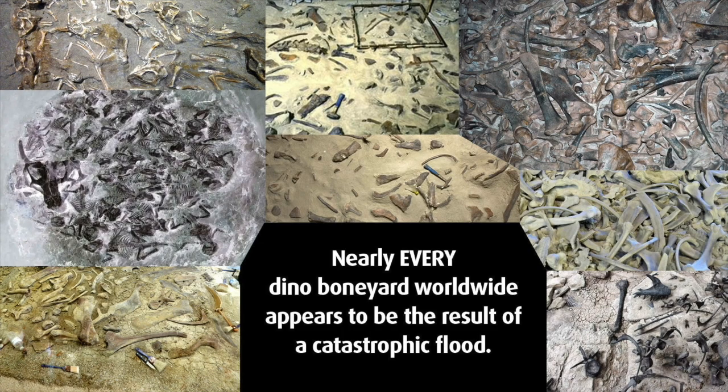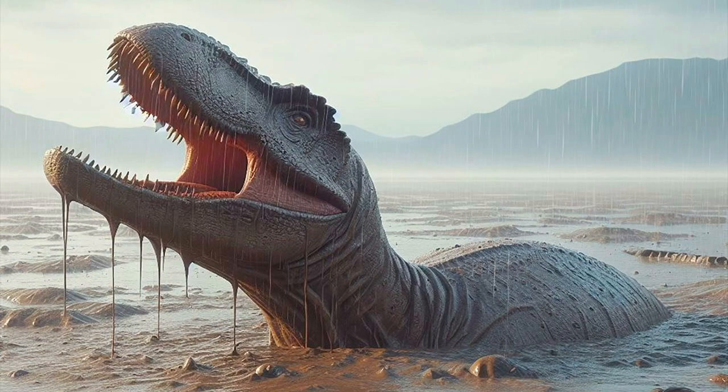But the interesting thing is, nearly every dinosaur boneyard worldwide appears to be the result of a catastrophic flood. The bones are all jumbled together, quite often broken, and then buried quickly in these big bone deposits. Evolutionists claim that local floods are the possible models for animals dying, but local floods don't explain the jumbled bones that are found in most dinosaur boneyards.